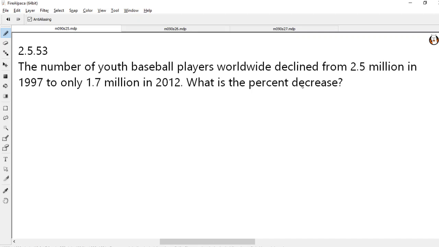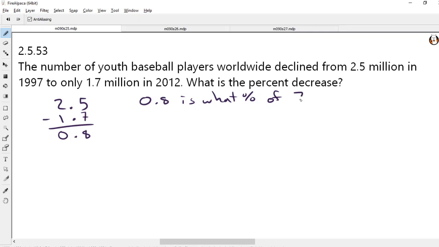What is the percent change? The change is 0.8. What was the start? 2.5. 0.8 is what percent of 2.5?